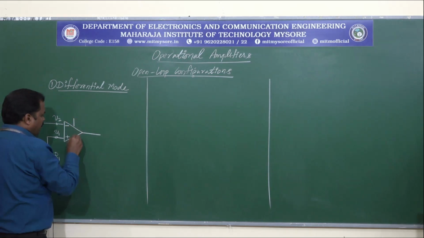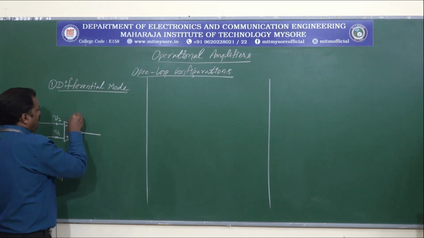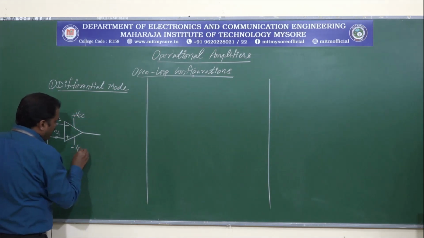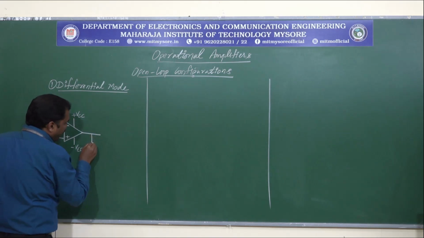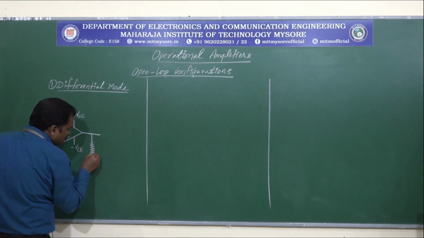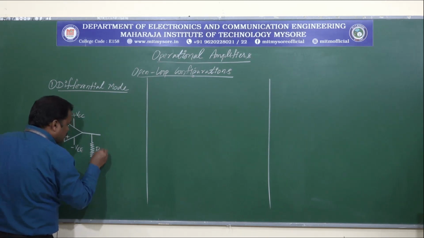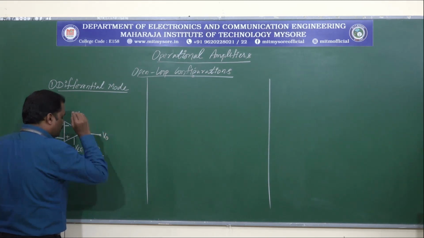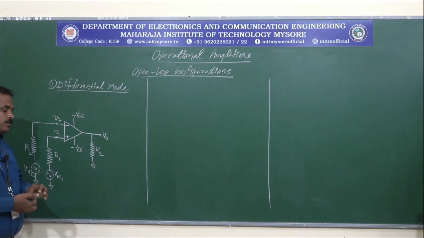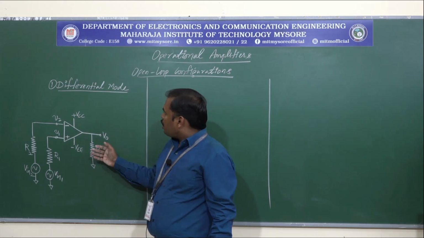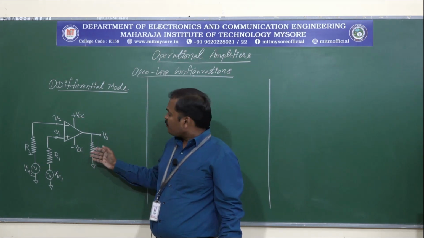And here we have the supply voltages connected. This is plus VCC and this is minus VEE. And here we have the load resistance connected. Let us call this RL, and here we will be considering V0. So this is the circuit diagram for the differential mode operation.